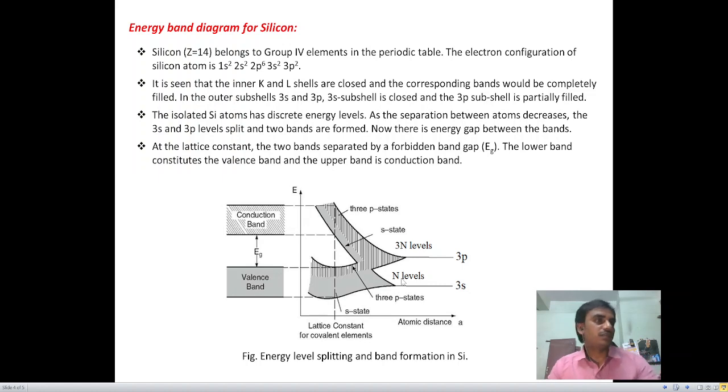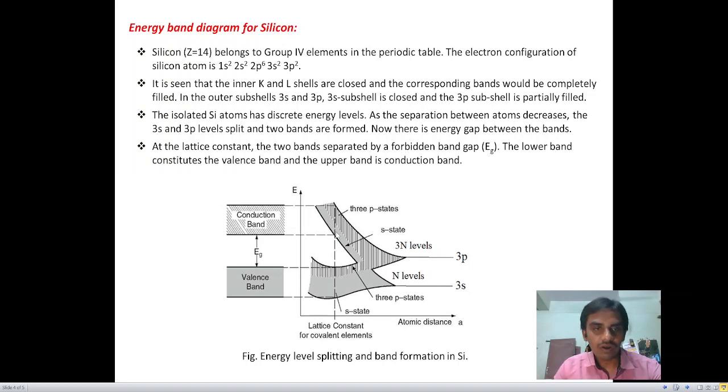The energy gap decreases with the decrease in atomic spacing. At this position, the bands merge and form a composite band. The 3n upper levels merge with n lower levels, giving rise to a total of 4n levels. These 4n levels are occupied by the 4n electrons.